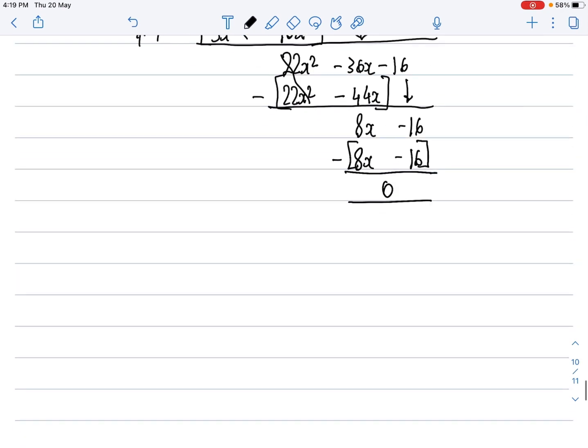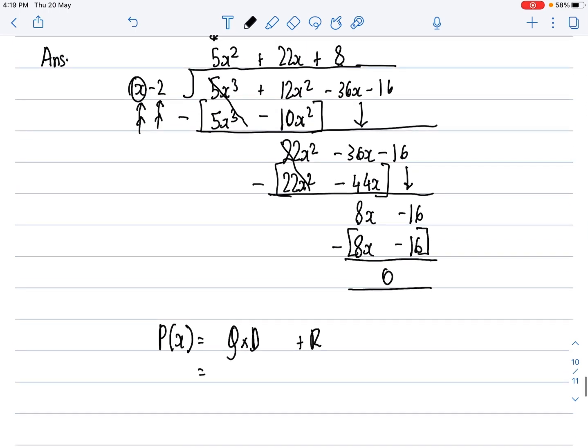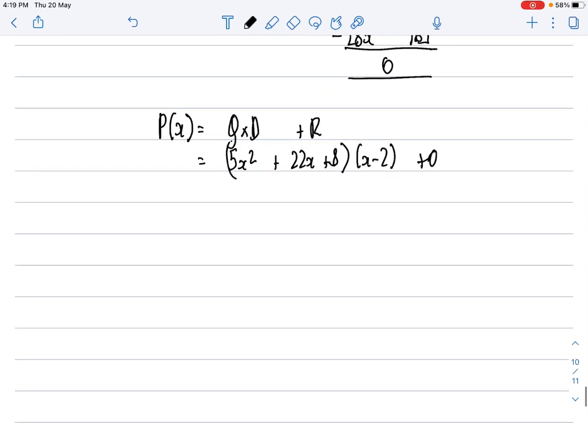So now you need to know an important formula, that is p of x equals the quotient into divisor plus the remainder. The quotient I got here is 5x square plus 22x plus 8, into the divisor, which is x minus 2, plus the remainder 0. So now I need to factorize this.